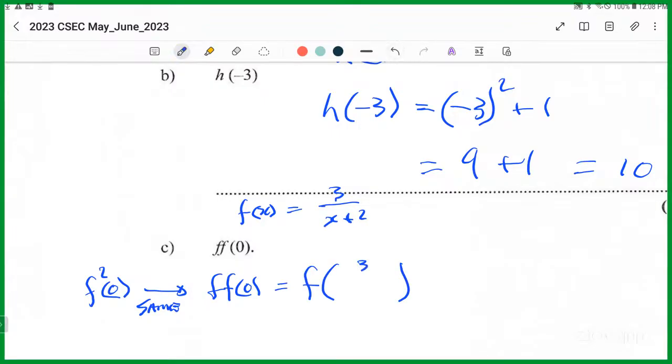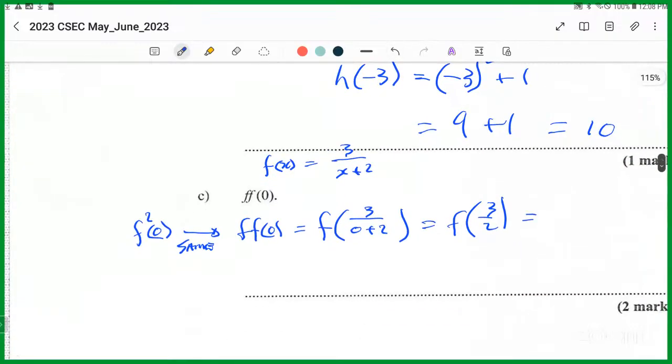So it becomes 3 over 0 plus 2, which is f of 3 over 2. And to find f of 3 over 2, we put in 3 over 2 right here where x is, again in the f function. So it's going to become equal to 3 over 3 over 2 plus 2. To simplify this down quickly, that is 2 from under here, we can multiply the whole denominator by a 2 and also multiply the numerator by a 2 as well.